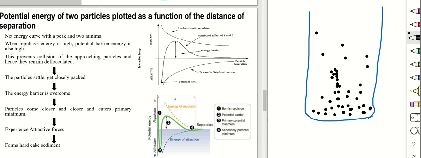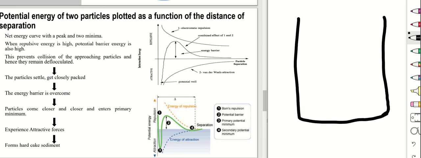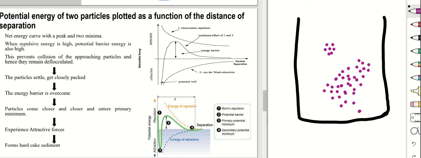But in case we are considering a flocculated one, in a flocculated one we'll be able to see the formation of floccules, all loosely packed together, a loosely formed network. So even if it gets sedimented, it will not form a hard cake.